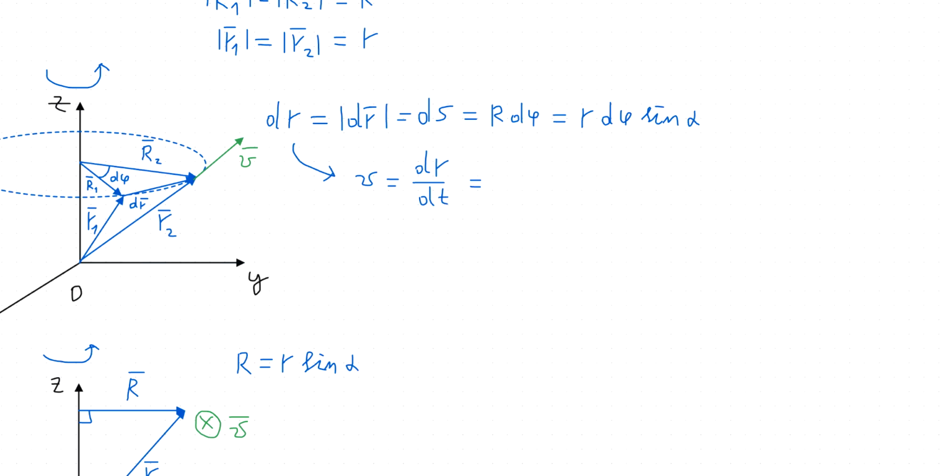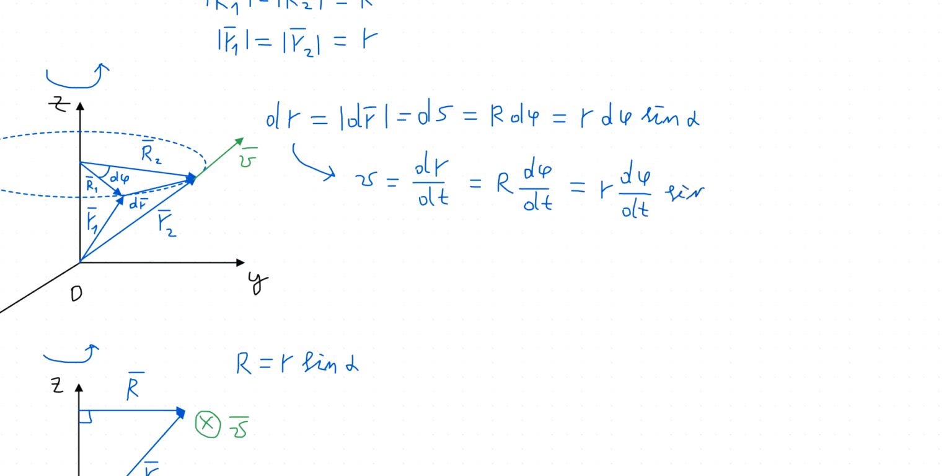So we can write that r dφ divided by dt is equal to r dφ divided by dt sine alpha.